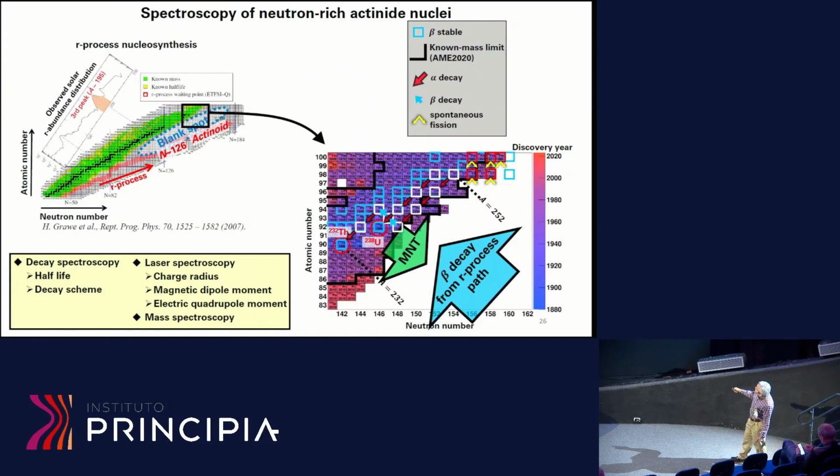So the nuclei between A equals 232 and 252 contribute to the present population of uranium-238 and 232. So these nuclear properties in this region are important, so we try to produce those neutron-rich nuclei by multi-neutron transfer reactions.